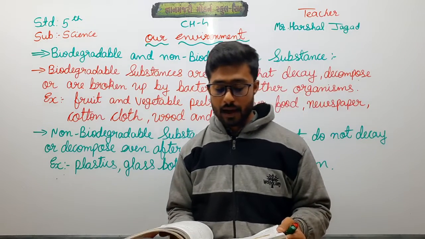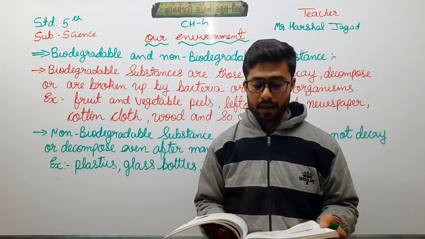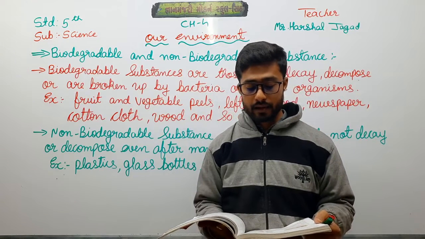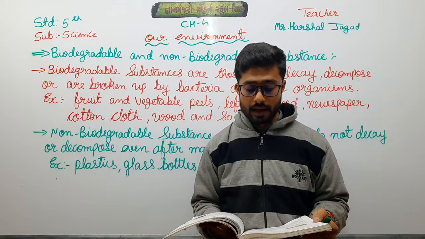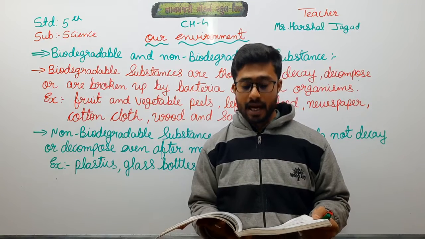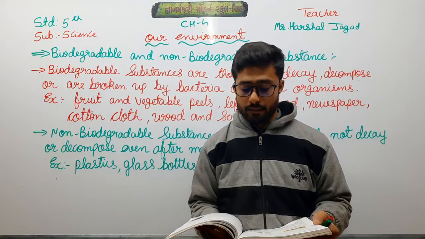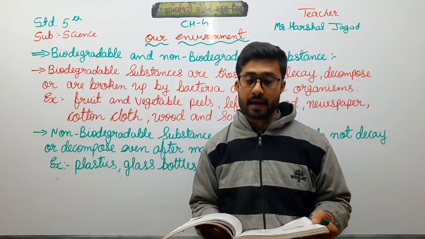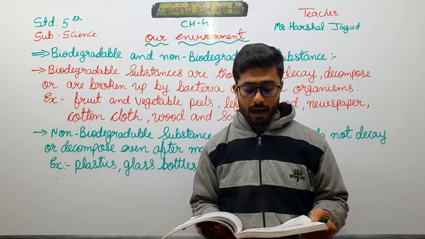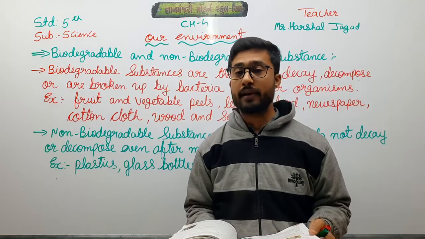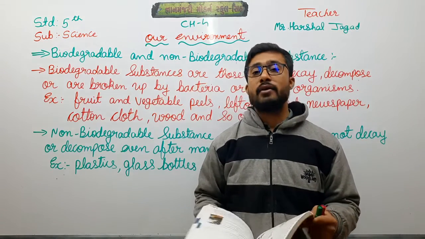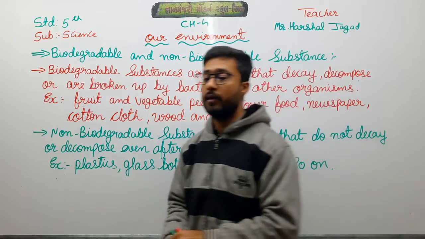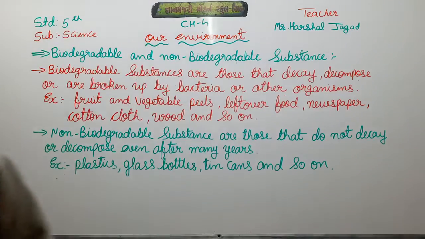Non-biodegradable substances are those that do not decay or decompose even after many years. Some examples are plastic, glass bottles, tin cans, and so on. Some of them can be recycled, and attempts are being made to find ways to recycle all non-biodegradable substances. Okay, so this is the biodegradable and non-biodegradable substance.